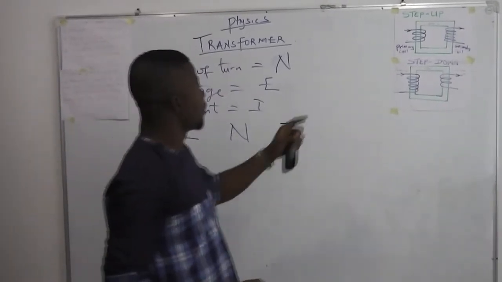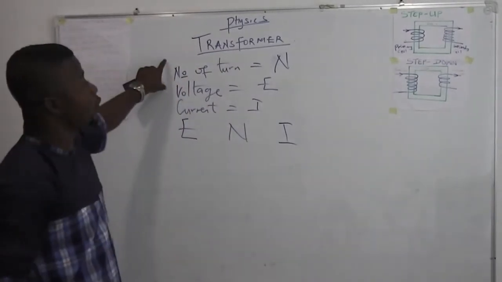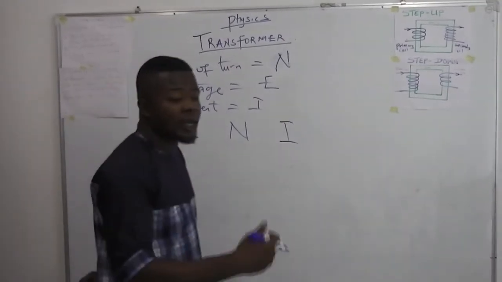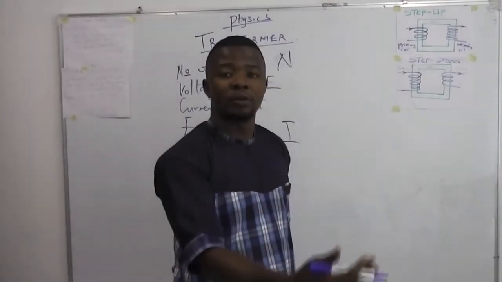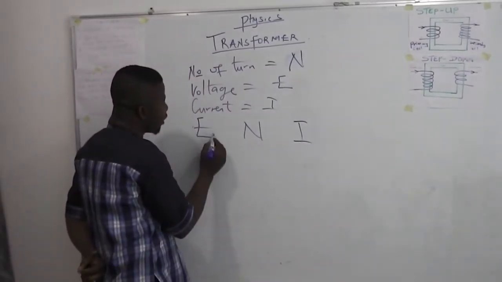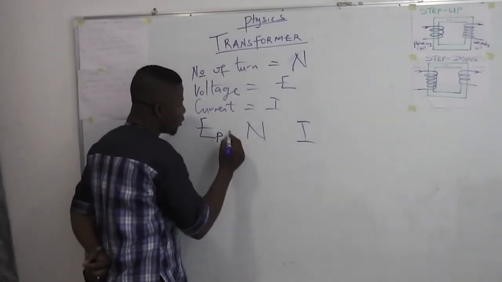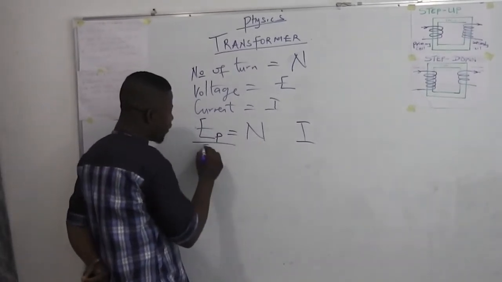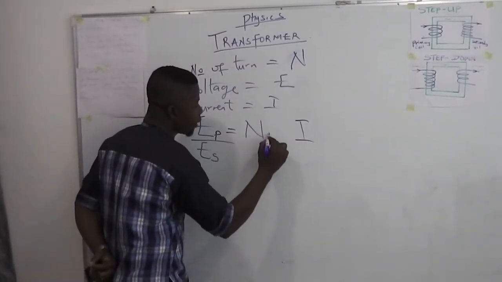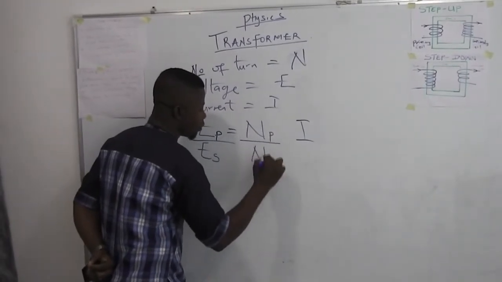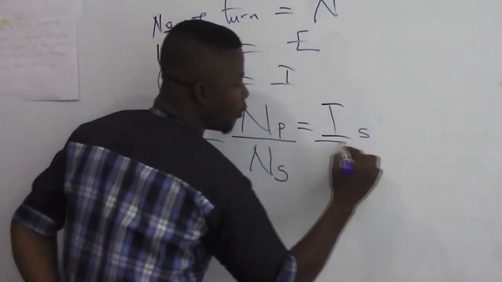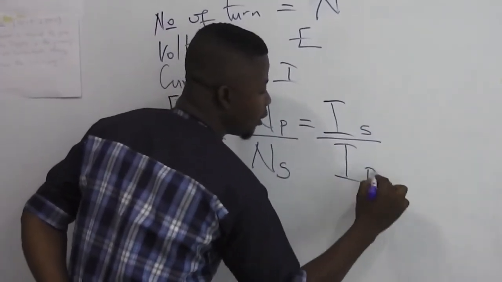Now, what happens in this calculation for a transformer? Since we said the higher the voltage, the higher the turns, and the lower the current, that means the voltage across the primary over the voltage across the secondary is equal to the number of turns in the primary over the number of turns in the secondary, and is equal to the current in the secondary over the current in the primary.